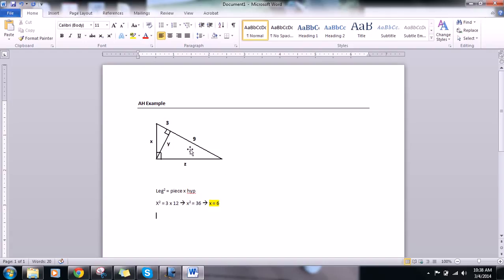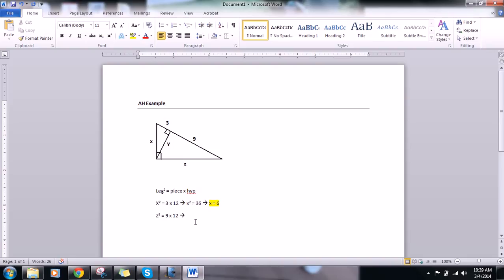So z squared is equal to the product of the piece of the hypotenuse that hits it, which is 9, times the whole hypotenuse, which is 12. So if z squared equals 9 times 12, I want to solve for z.